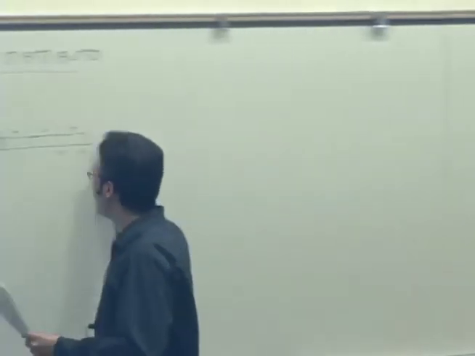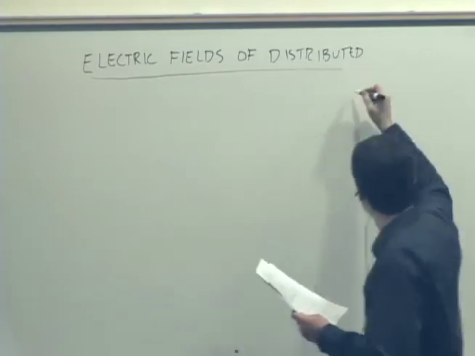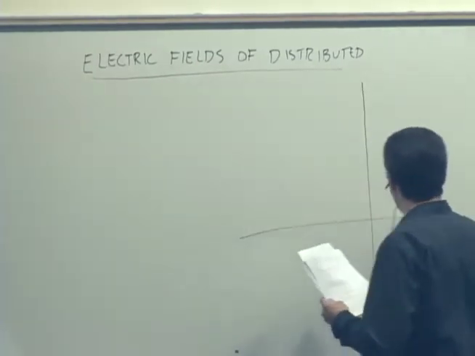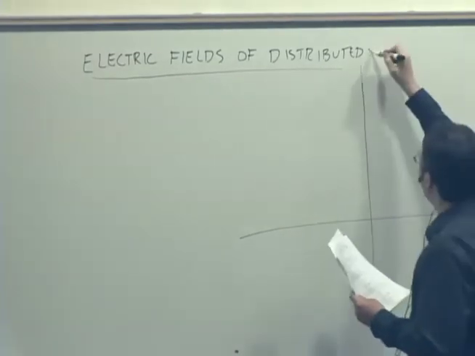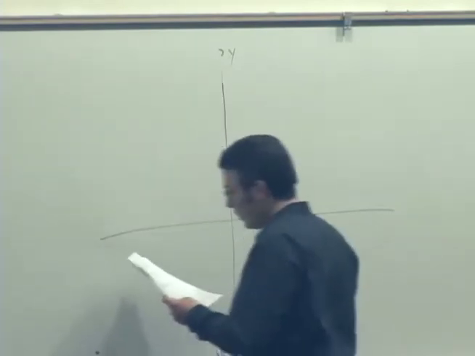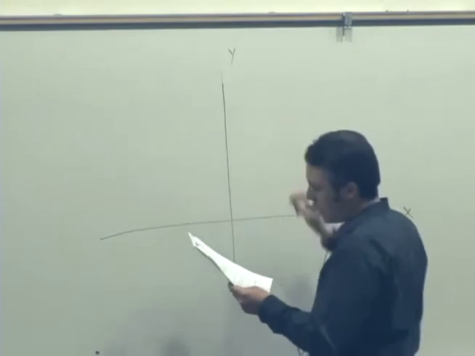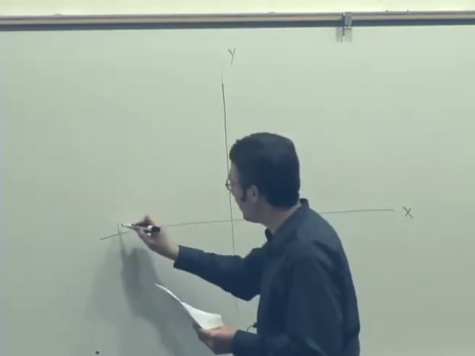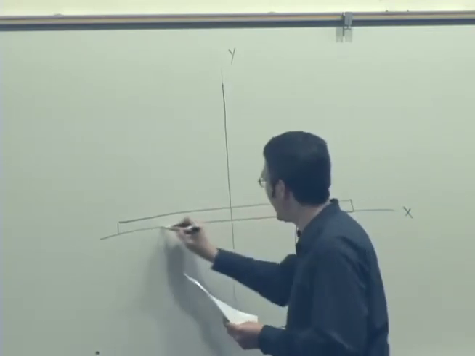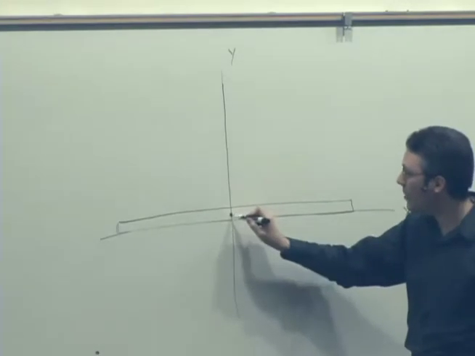Let's try an example using this uniformly charged segment. Let me draw a coordinate axis here. Here's the y direction. Here's the x direction. And we have a segment, or a thin rod, that has a uniform charge spread over it, and it's lying along the x-axis, and the origin is at the center of the rod.